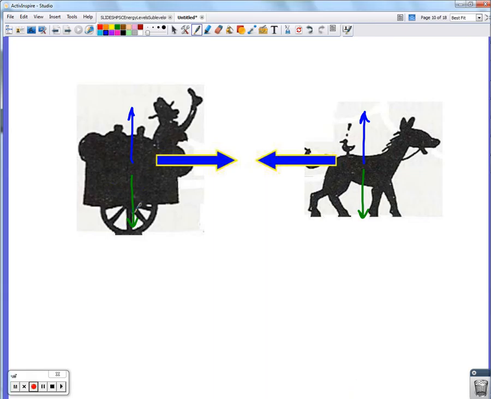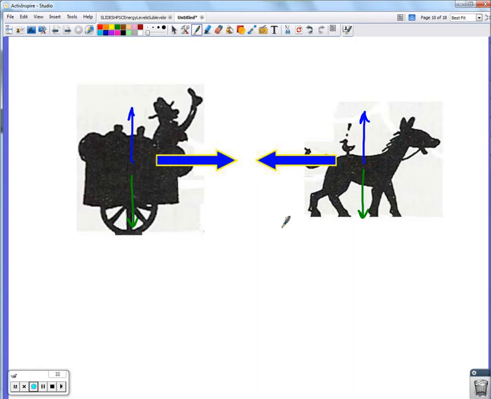The cart experiences 3 forces. 2 of them cancel, but there's nothing to cancel this force out. Even though there is an equal and opposite force on the horse's free body diagram, it can't cancel out a force on the cart. 2 forces that aren't on the same object can't cancel each other. So when the horse pulls the cart, the cart pulls the horse.